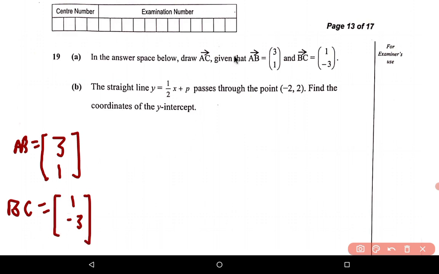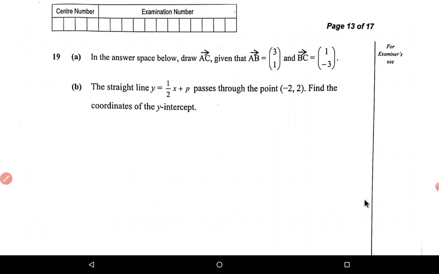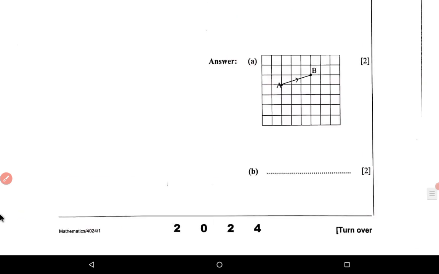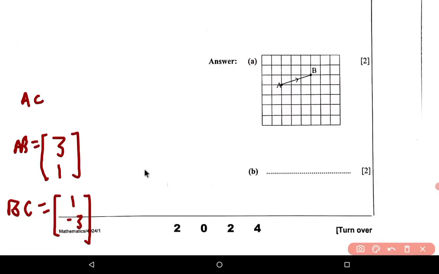Then draw AC. Okay, we draw AC. So let's go to the part where we have to draw. AB is actually (3, 1).